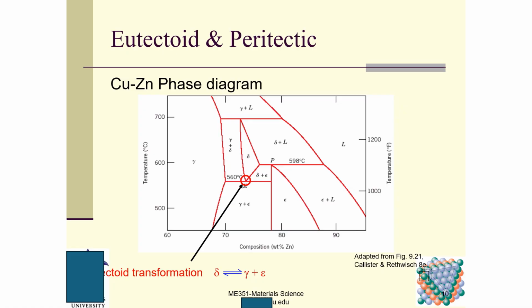So this is the eutectoid phases. If we lower the temperature, delta becomes gamma plus epsilon. So this is the eutectoid reaction. And here is the peritectic transformation: gamma plus L equals another solid. So this is this point.